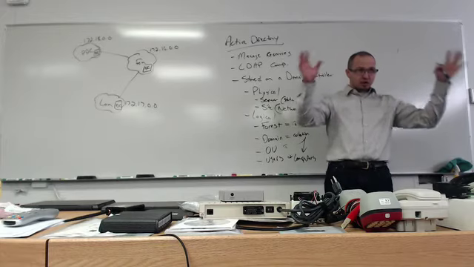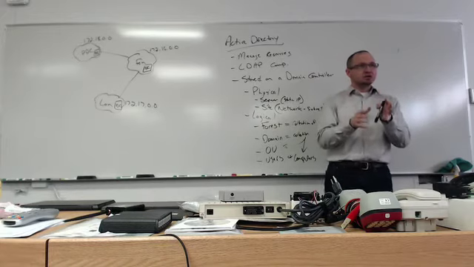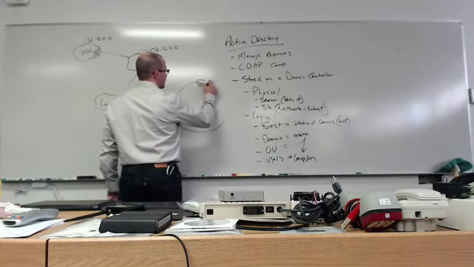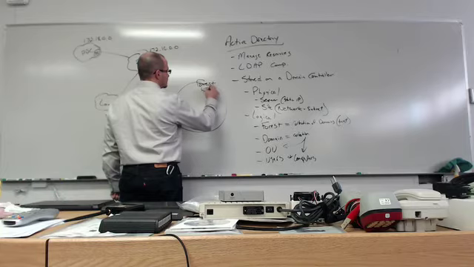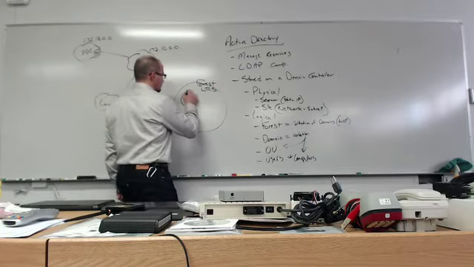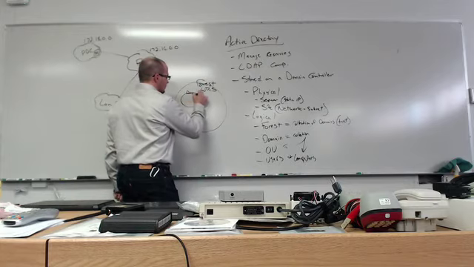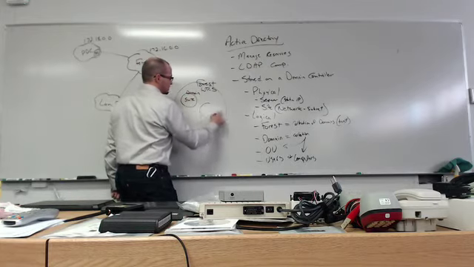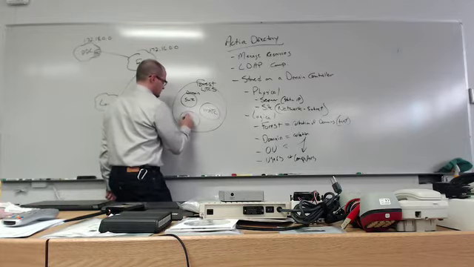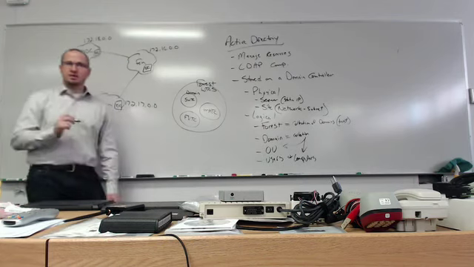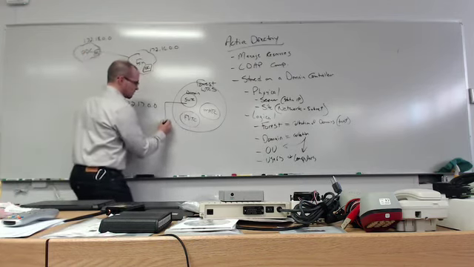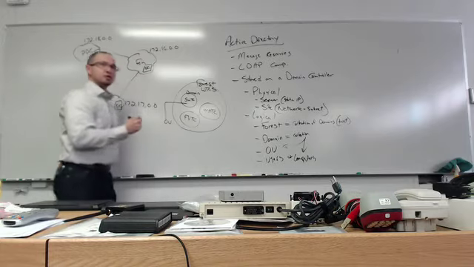So the forest is WTCS, Wisconsin Technical College System. Inside we have domains: SWTC, MATC, Fox Valley Technical College. Does that make sense? And inside of that domain of Southwest Tech, we have organizational units.